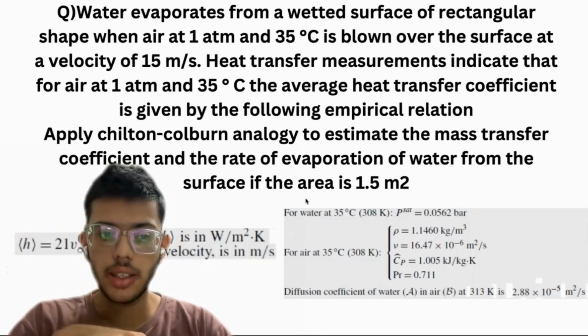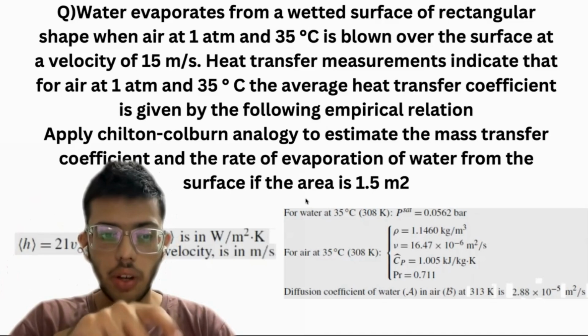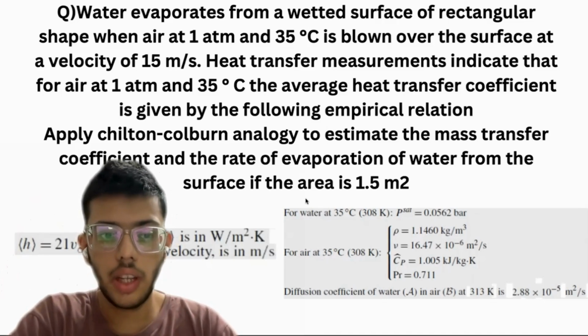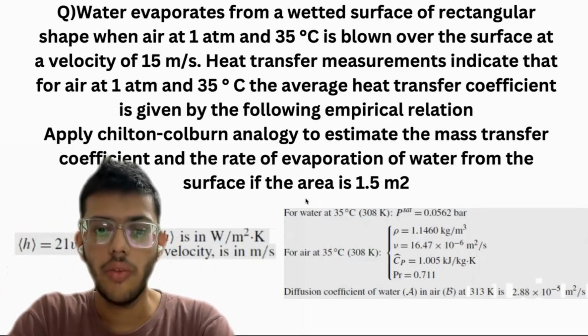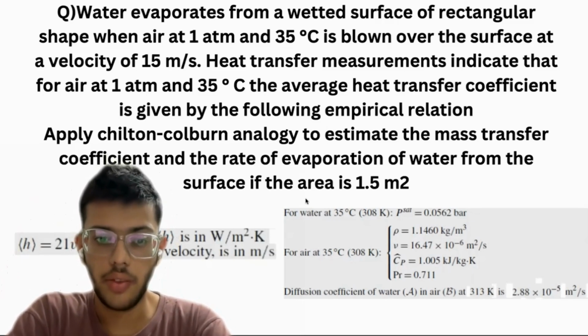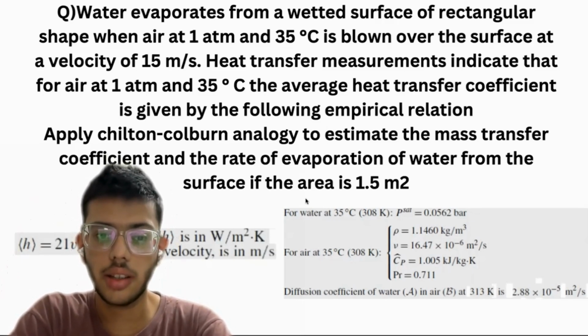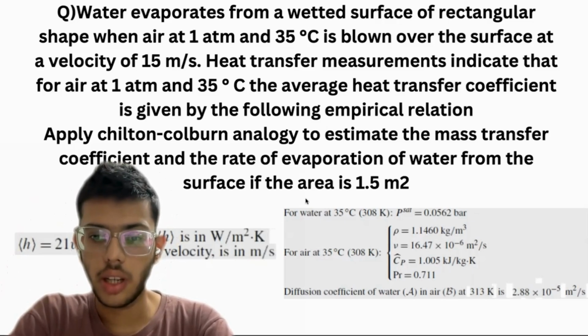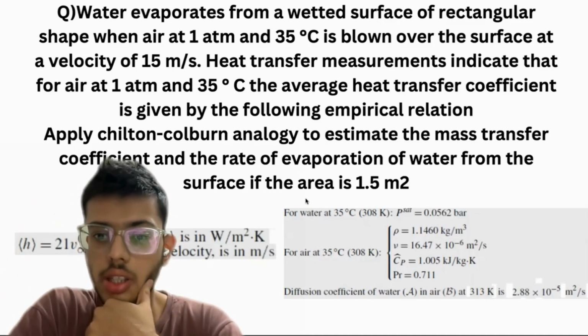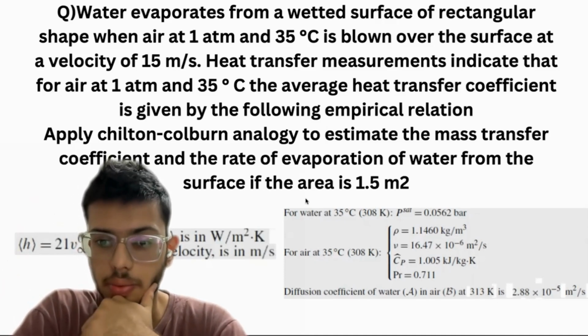Additionally, the question also states that the average heat transfer coefficient is given by 21 V infinity raised to 0.6, where h average is in watts per meter squared Kelvin, and V infinity, the air velocity, is in meters per second. More information given in this question was about water at 35 degrees centigrade or 308 Kelvin.